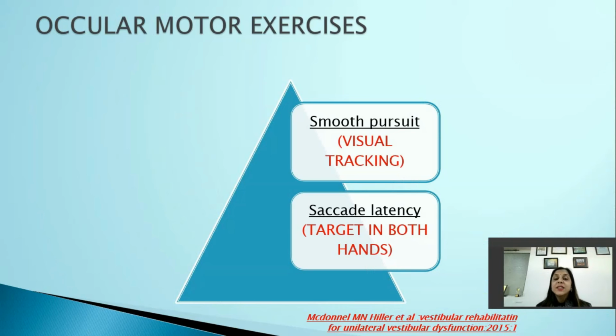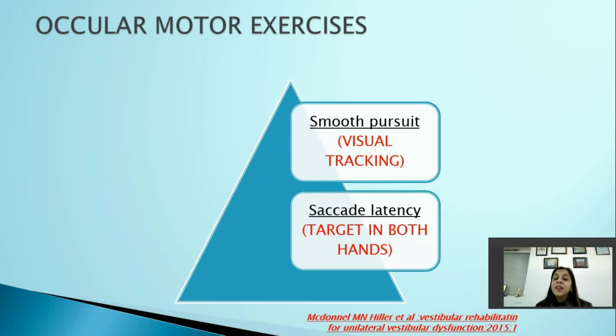So what is visual tracking? In that, we ask the patient to focus the vision on one particular target, then move the target, and simultaneously ask the patient to move the eyeball toward the target. That type of exercise is known as visual tracking exercise. It is also known as the smooth pursuit exercise.